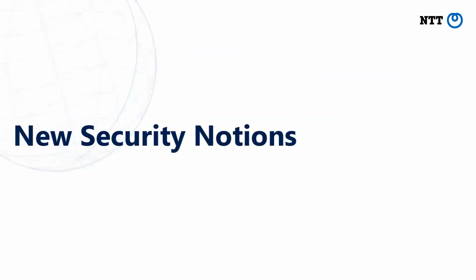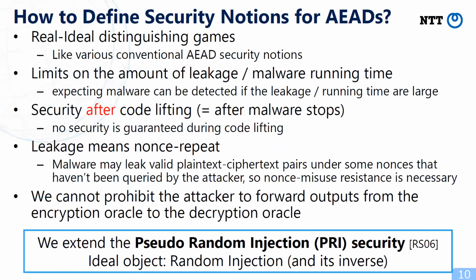And firstly, I'd like to explain our new security notions. First, I'd like to explain what we took into account when considering how to define a security notion for AEADs. First, we wanted to define the security notion by using real and ideal distinguishing games, like various conventional AEAD security notions.